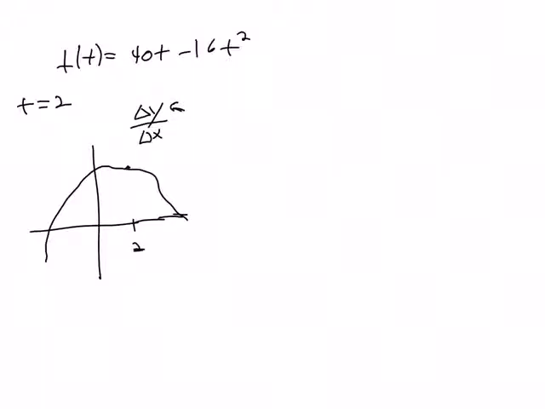It's the slope of the tangent line at t equals 2, because we're asking how quickly is the rise in terms of the run. The t represents the time and f represents the movement, so we're asking how quickly are we moving in terms of time. That is what it means to have a velocity.